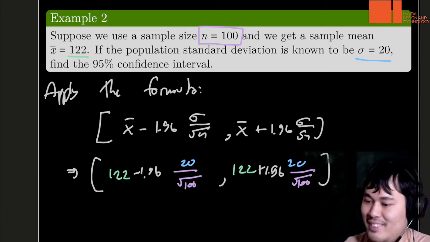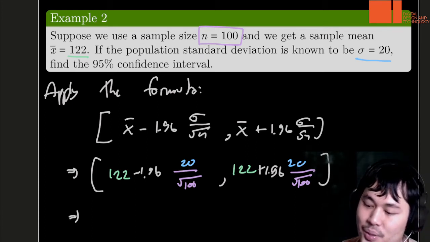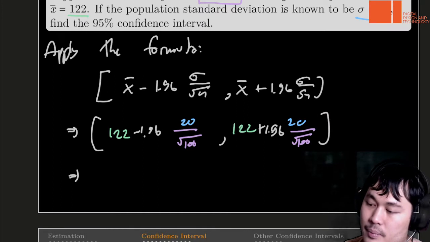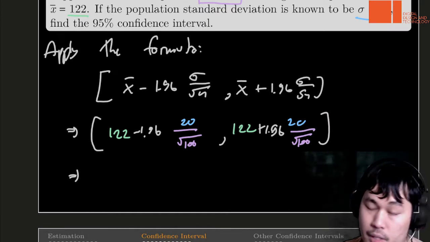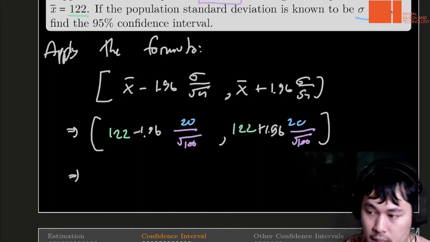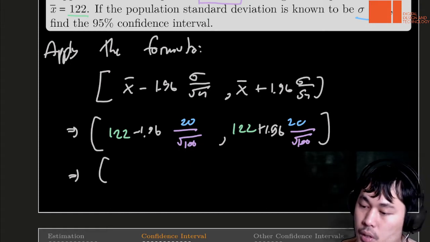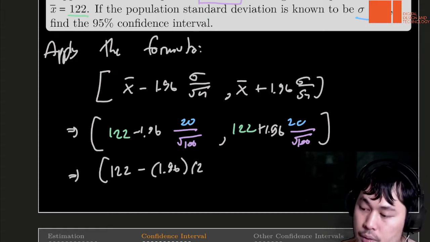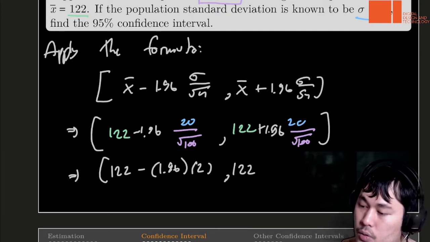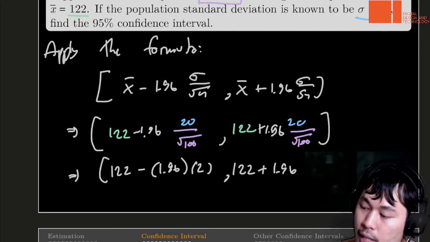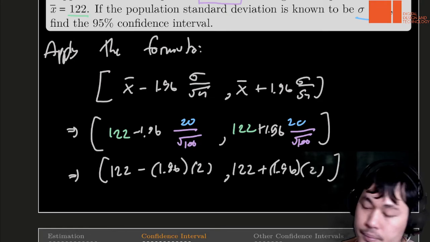I wish you could simplify, because square root of 100 is just 10. 20 over 10 is 2. And so it's 1.96 times 2. 122 minus 1.96 times 2, and 122 plus 1.96 times 2 again.